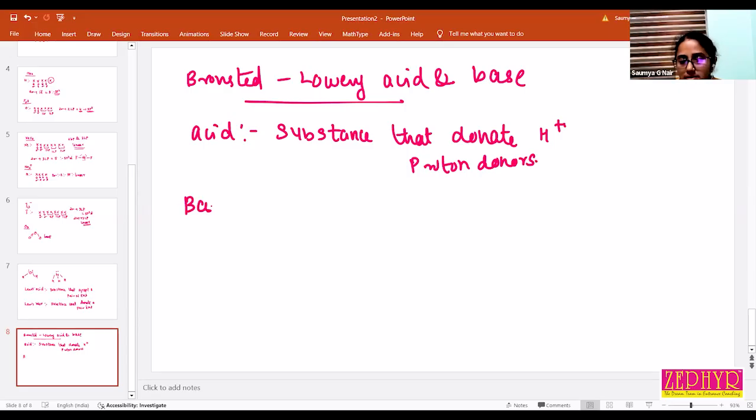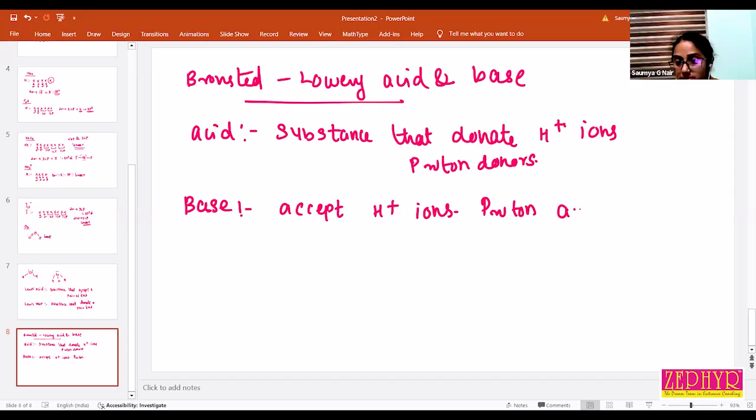Bases are substances that accept H plus ions, that are proton acceptors.